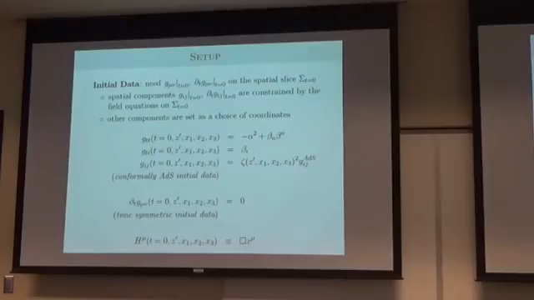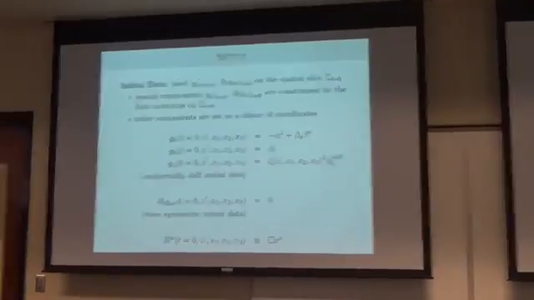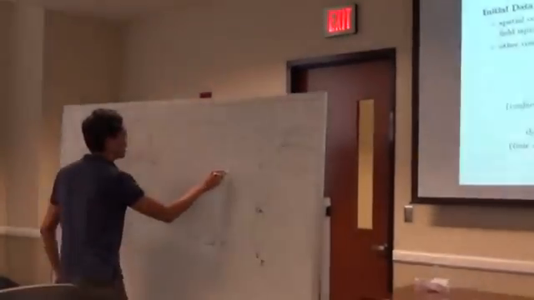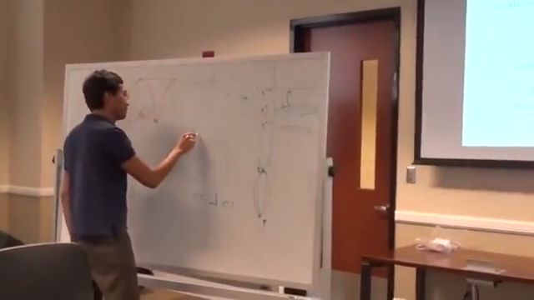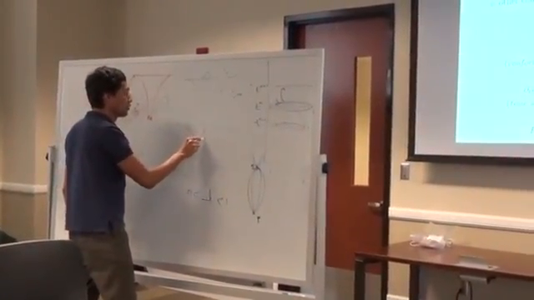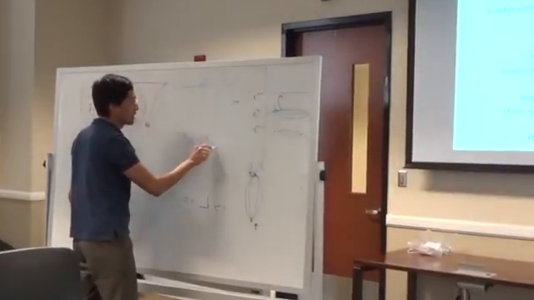So usually in the asymptotically flat case, what people have found useful is to constrain yourself to just initial data such that on the initial time slice, the intrinsic metric is just conformal to the metric of flat space.